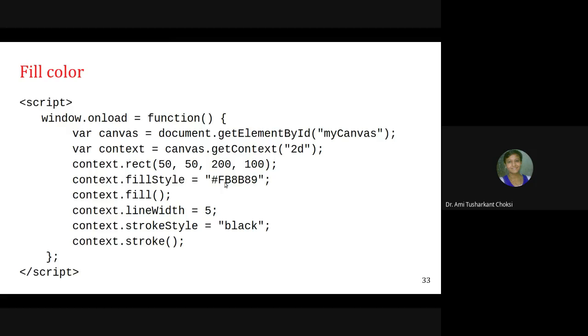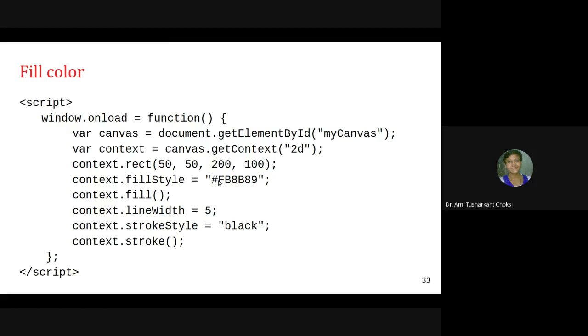For that, we are specifying hash FB8B89. You can specify any color, and the way we are specifying it in our HTML, the same thing we can specify. This is hash, and then after we can specify two hexadecimal digits for R, G, and B, right?